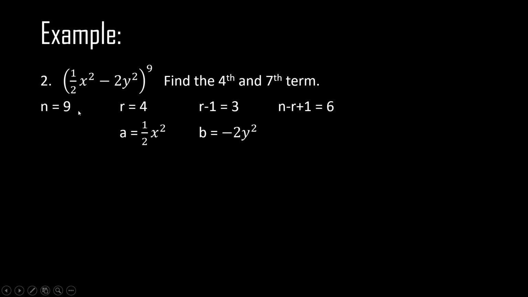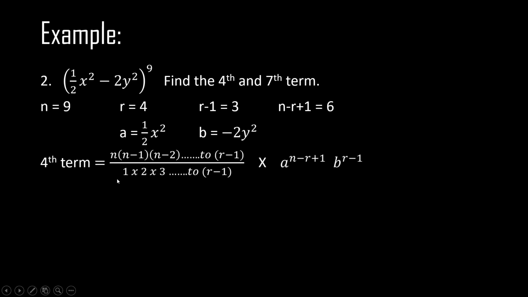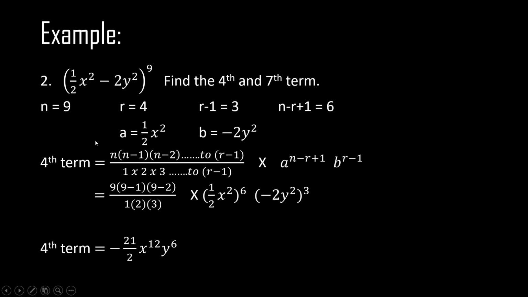So again, writing the corresponding values of the variables that we mentioned earlier, then substituting this to the formula, we will get this equation, and computing this, we will arrive at the fourth term of this polynomial, which is equal to negative 21 over 2 x raised to 12 and y raised to 6. Again, you can double check it by expanding these polynomials.